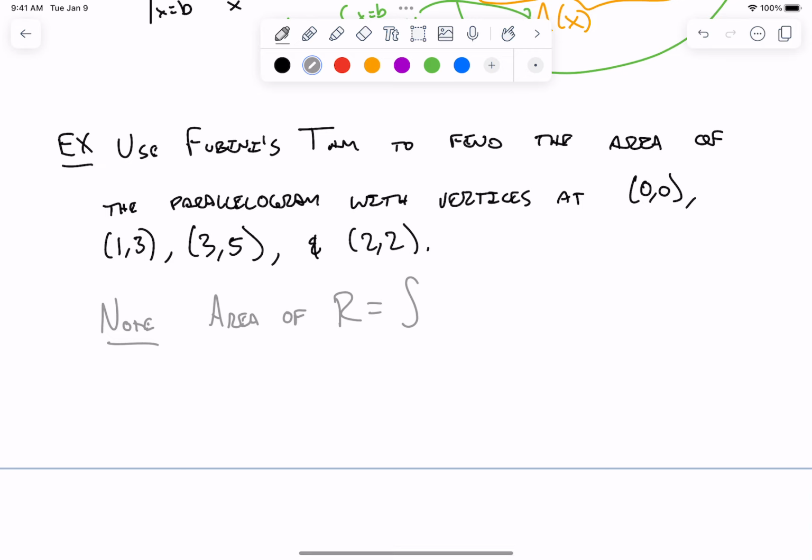You could think of it as the double integral of the function 1 dA, right? So think of it almost as a constant surface with height 1.